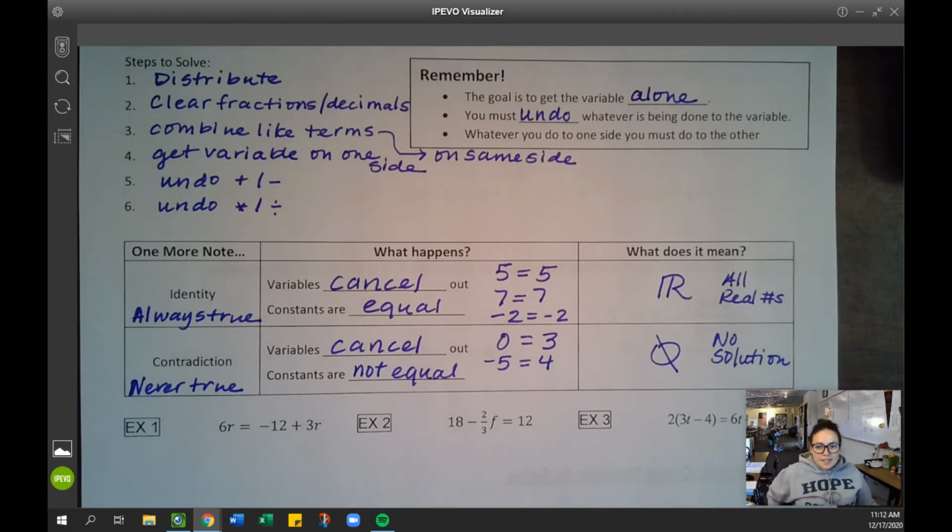So again, like I said, most of this stuff is stuff that you should have seen before, but we're just kind of recapping it here. Go ahead and pause the video if you need to get all this stuff written down. I'm going to move on to example 1.